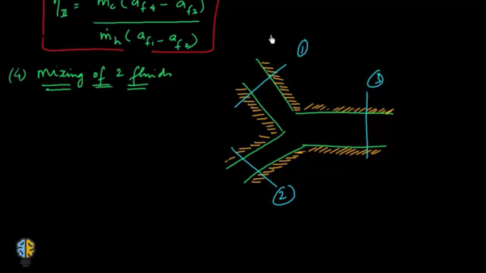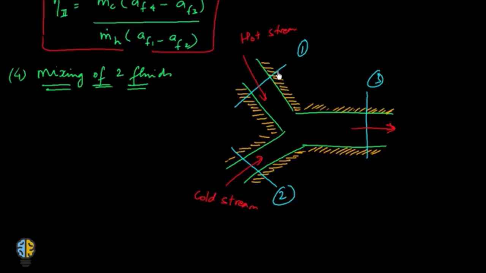Now let us say there are 3 streams for it. So one is this, the other is this, and the third one is this. So let us say this is the hot stream of fluid. Let us say this is the cold stream of fluid. Okay, and you get some mixture at section number 3.